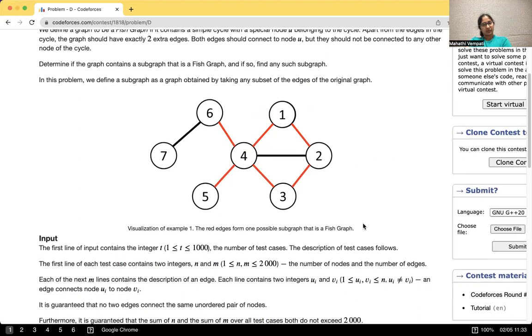So first thing is, okay, you need a node with degree greater than or equal to 4. And for two of them, two of the nodes should result in a cycle.